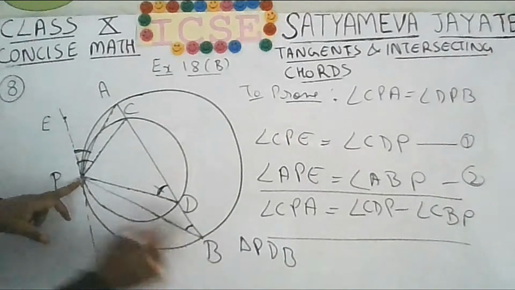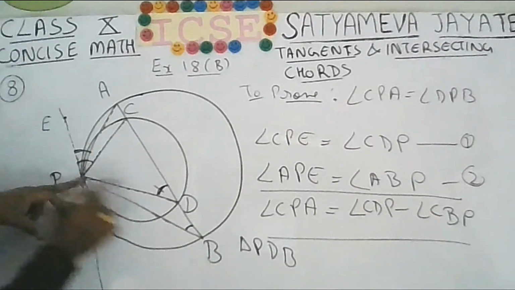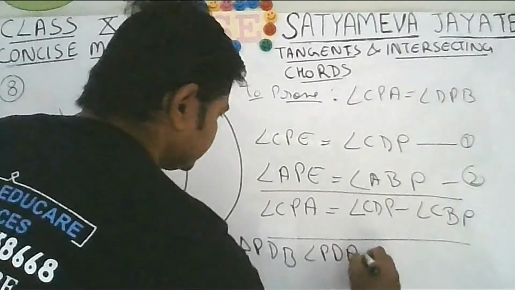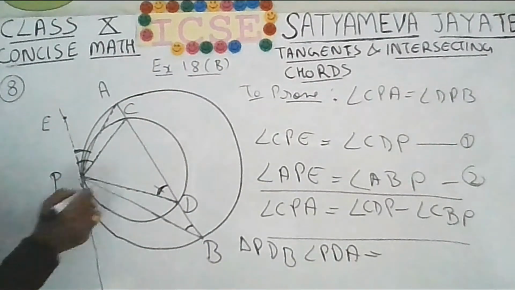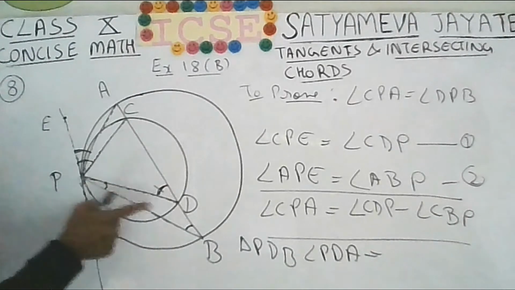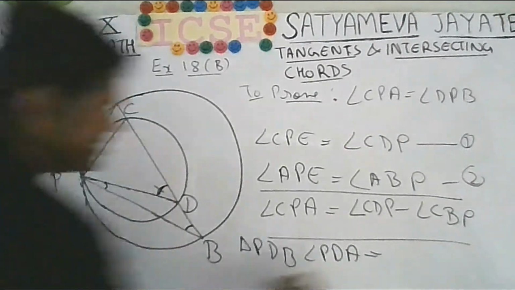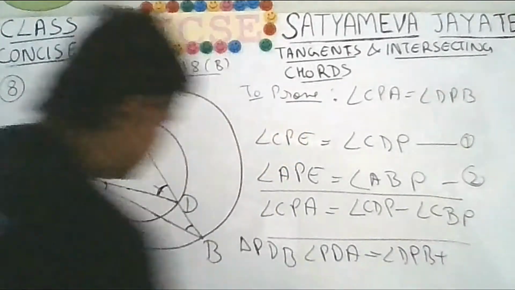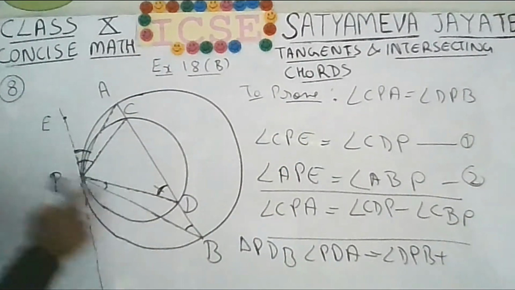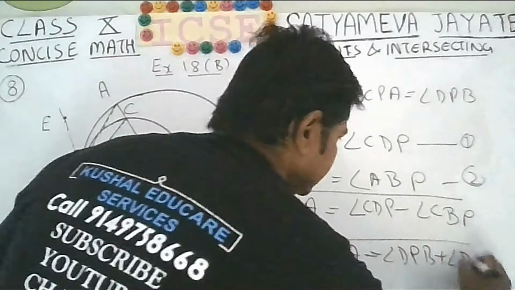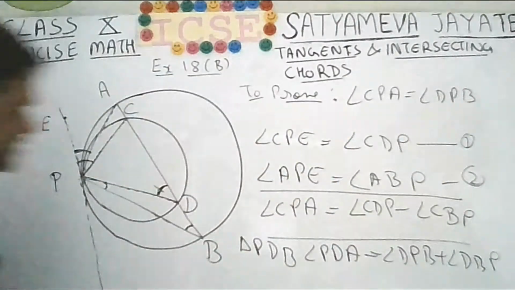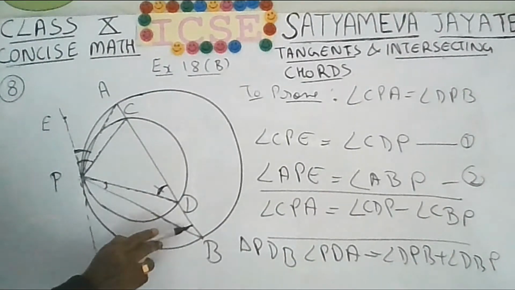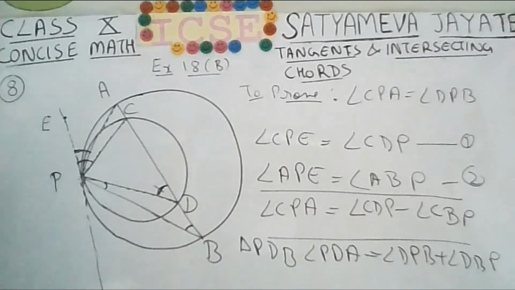So for triangle PDB, we can say that angle PDA will be equal to these two angles, DPB plus DBP, isn't it? Exterior angle will be equal to the sum of the opposite two interior angles.